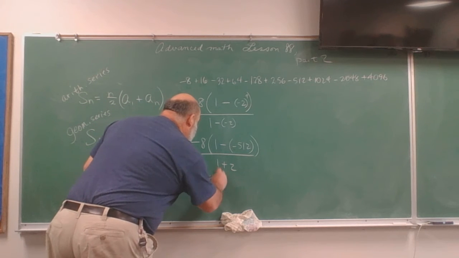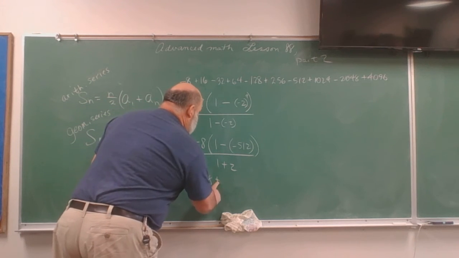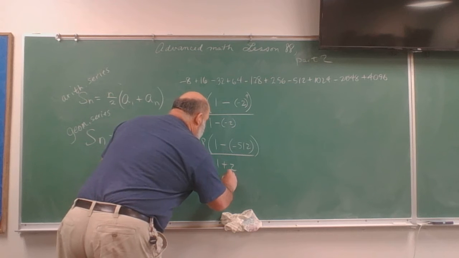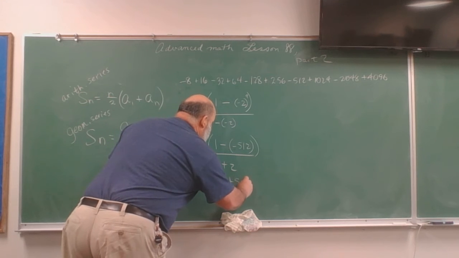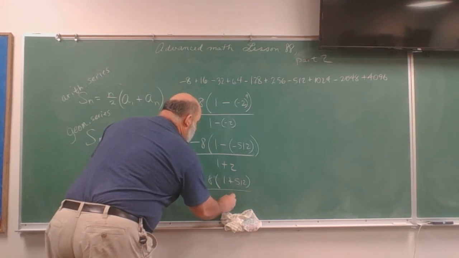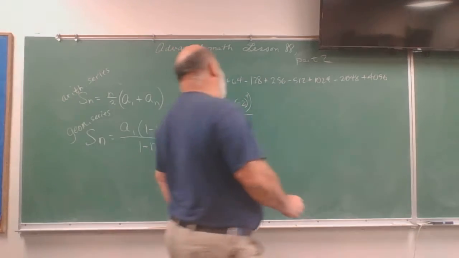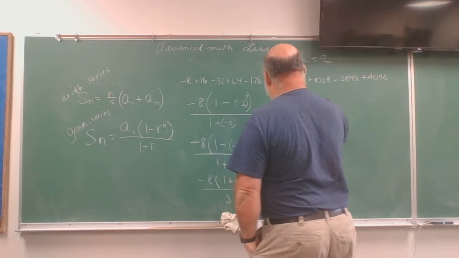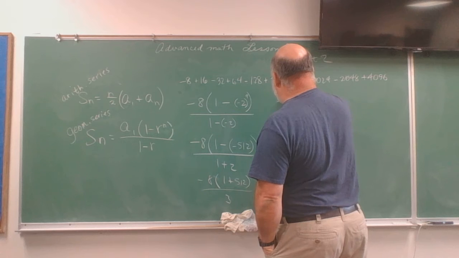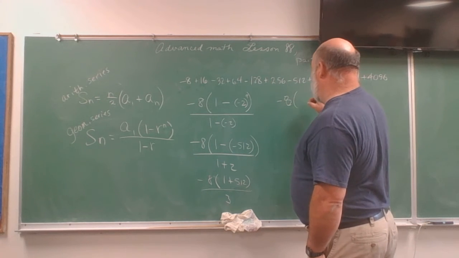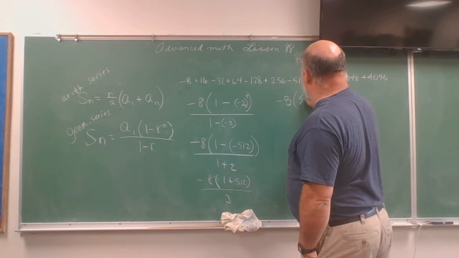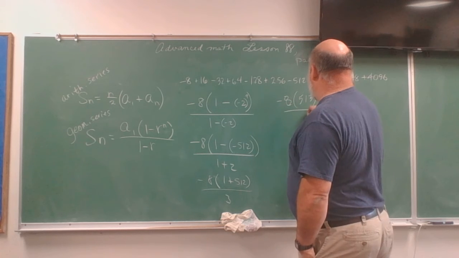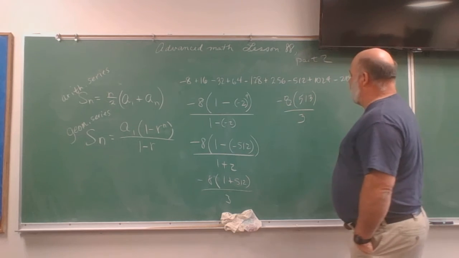That is -8 times 1 plus 512, all divided by 3. We're going to come up here, negative 8 times 513, all divided by 3.